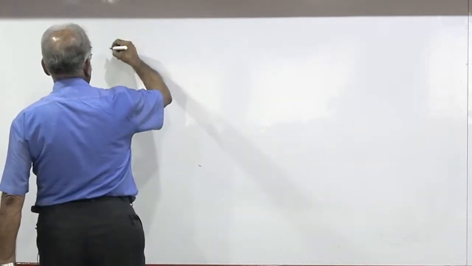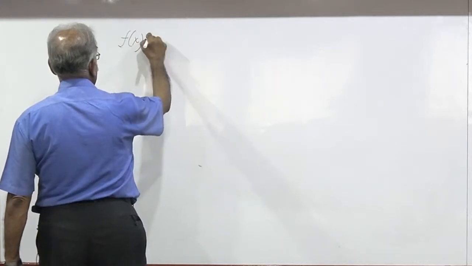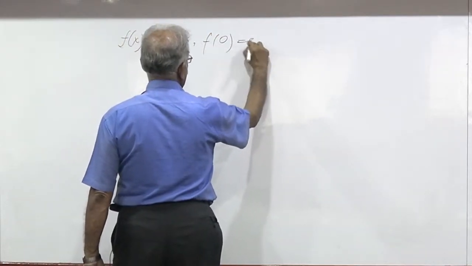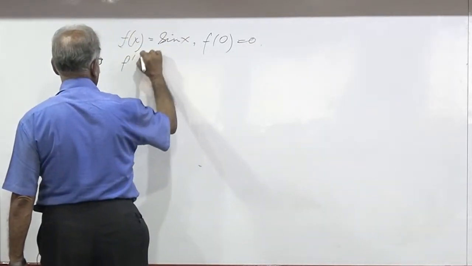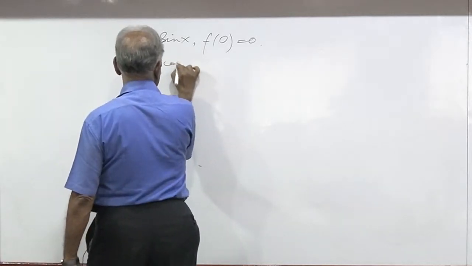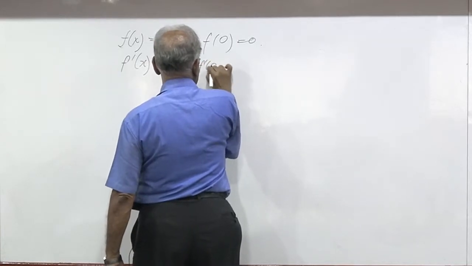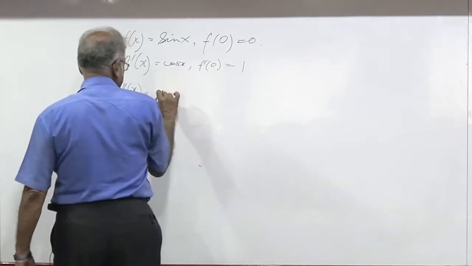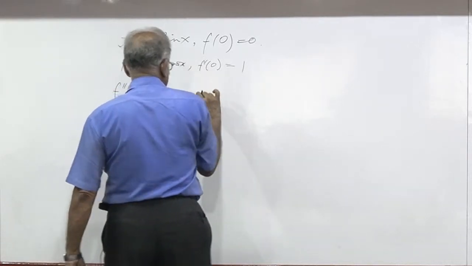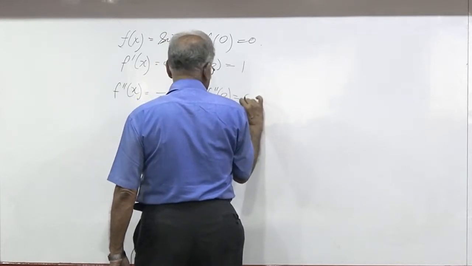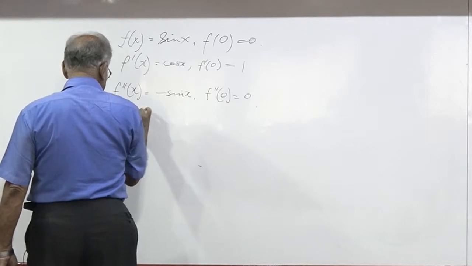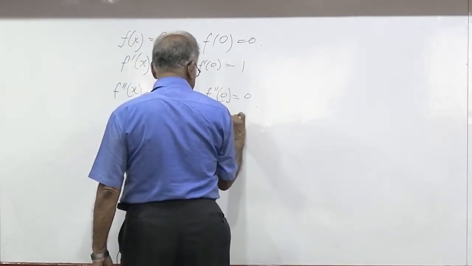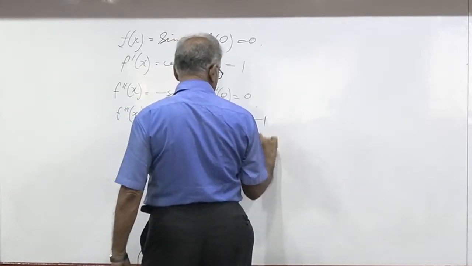Now here f(x) is sin x, f(0) is 0. f dashed x is cos x, f dashed 0 is 1. f double dash x is minus sin x, f double dash 0 is 0. f triple dash x is minus cos x, f triple dash 0 is minus 1.